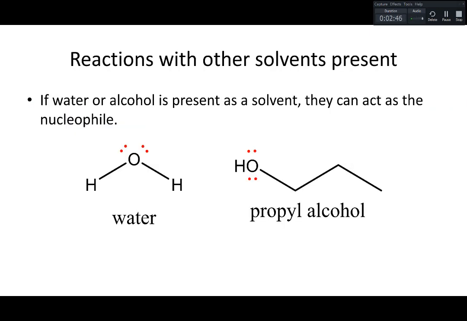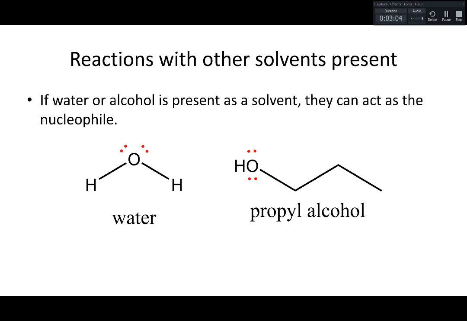So now what we're going to do is look at what happens when we do electrophilic reactions when water or alcohol is present as the solvent. Now, remember we just said carbocations could act as electrophiles, except their concentrations are too low.